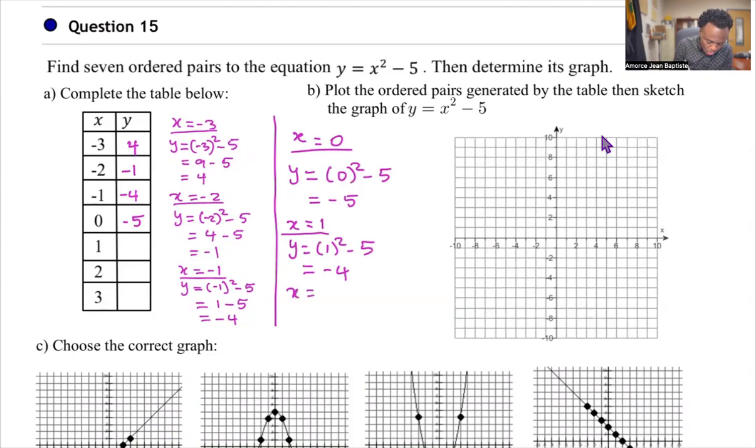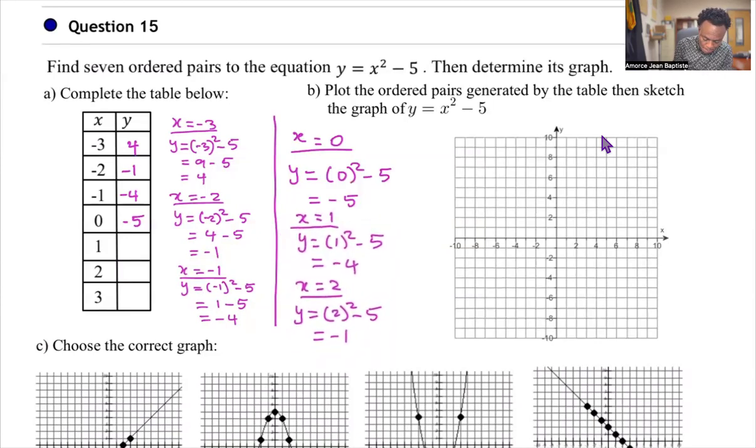X equals 2. Y equals 2 squared minus 5 equals -1. And then lastly, x equals 3.